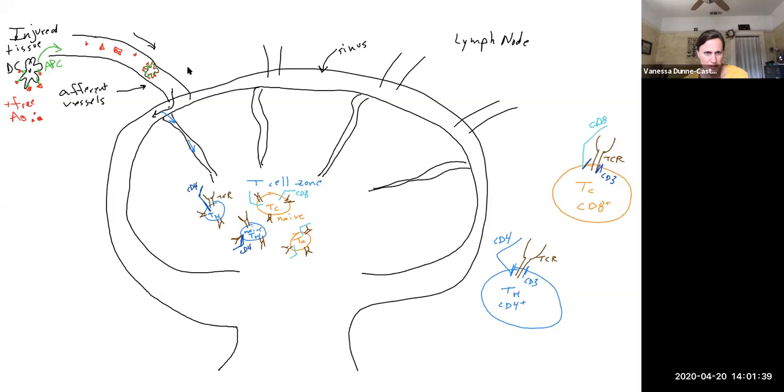So in addition to this T cell zone, we recall there are these B cell zones essentially. These are the follicles, which can have germinal centers on the inside. So these are follicles, which is where the B cells are.